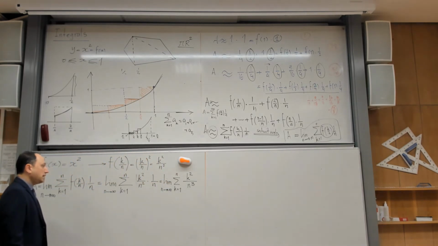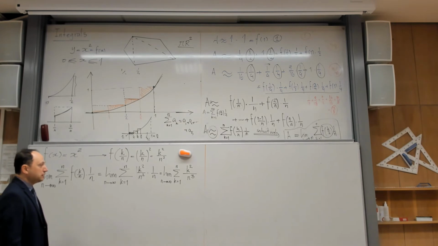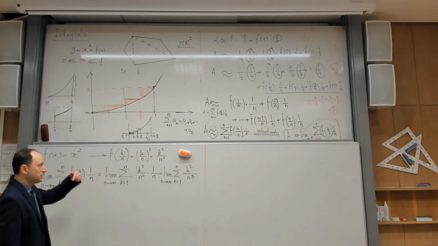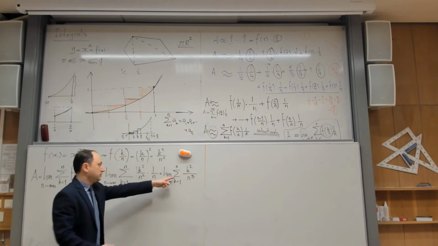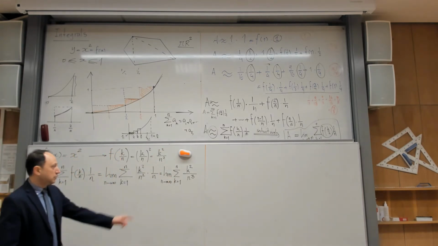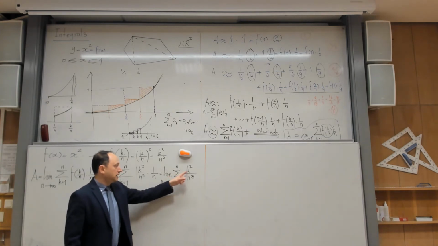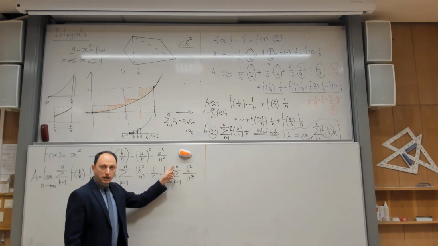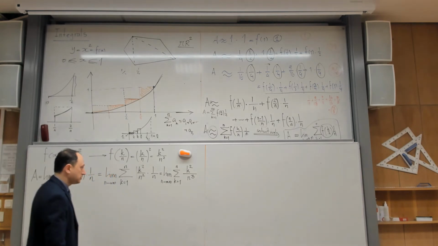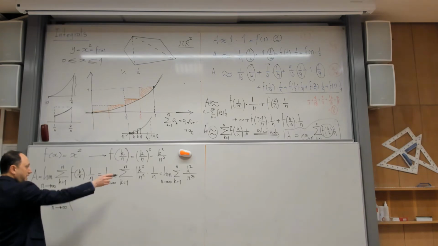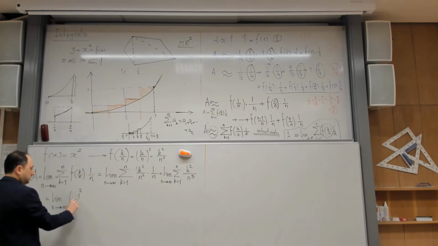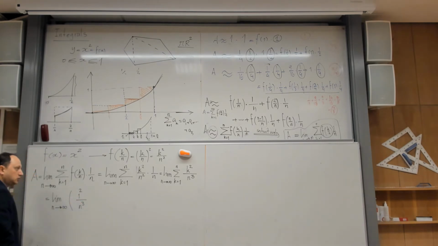So my suggestion is to expand this sigma, because sigma is still not a good thing to work with. You are better to get rid of this sigma notation. So what should I do? I replace k with 1, then with 2, and then up to n, and then add the terms, yes? So that's easier for you probably. So this becomes the limit, n goes to infinity. I replace k with 1, so it becomes 1 squared, I intentionally write 1 squared even though that's 1, over n cubed.